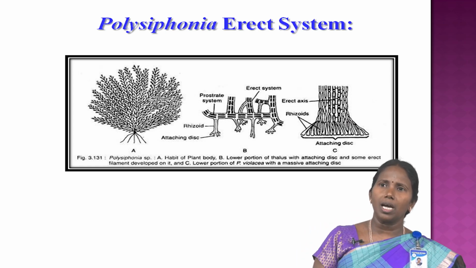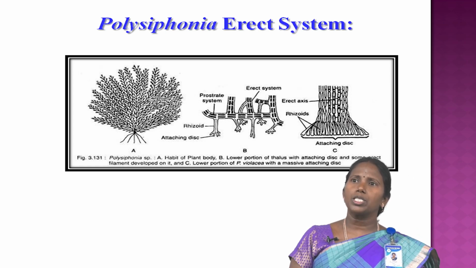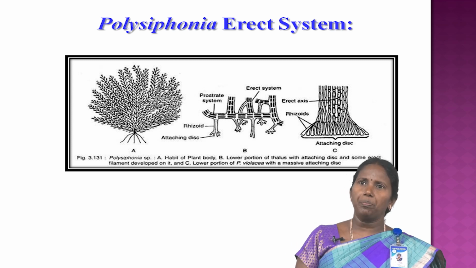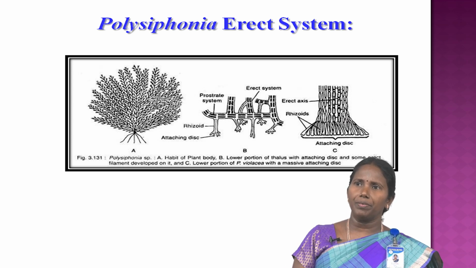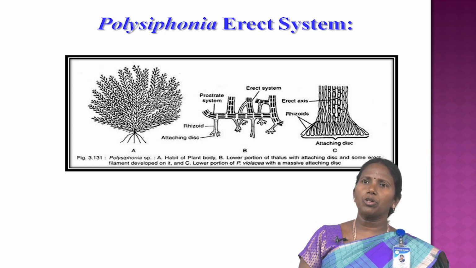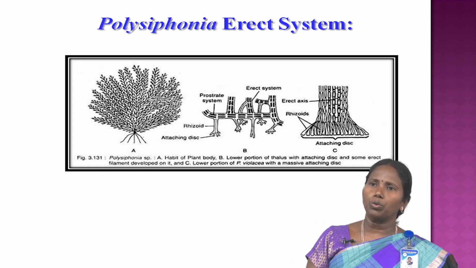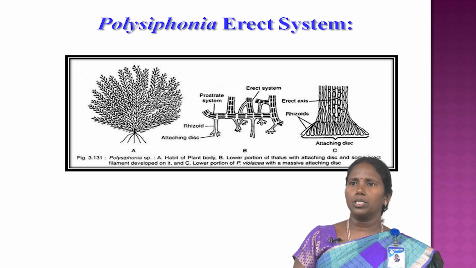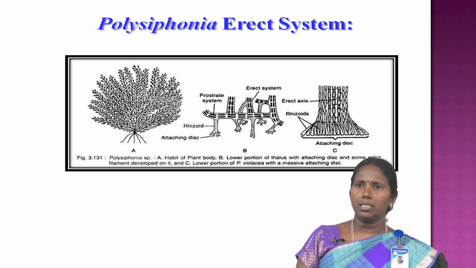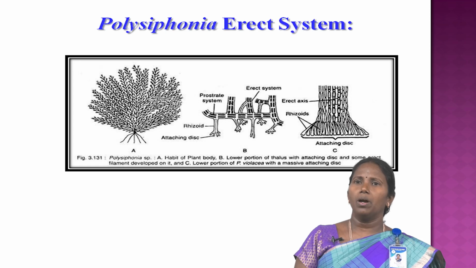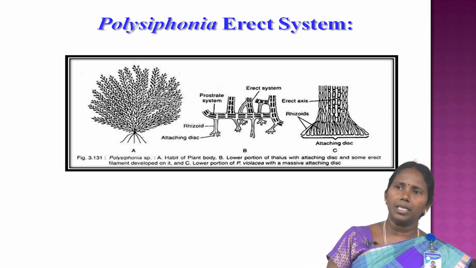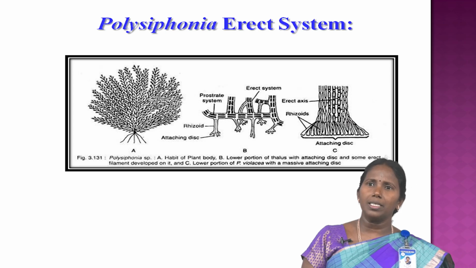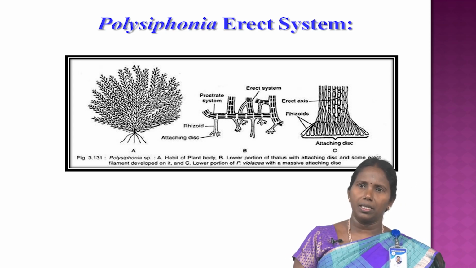The main axis and the long branches consist of a central siphon of many elongated, cylindrical cells situated in vertical rows. It is surrounded by 4 to 20 pericentral siphons. So the plant body is polysiphonous and named Polysiphonia. Only the central siphon is present at the apical region of both main axis and long branches.